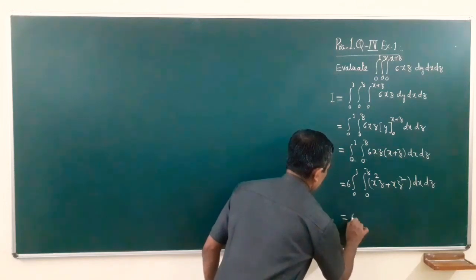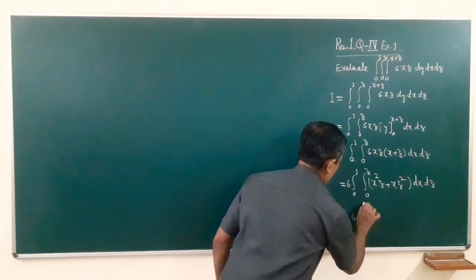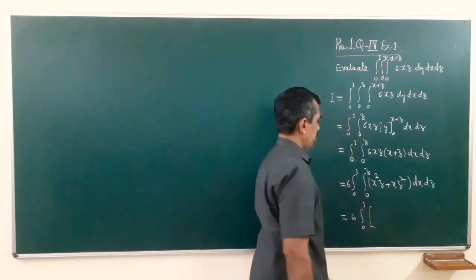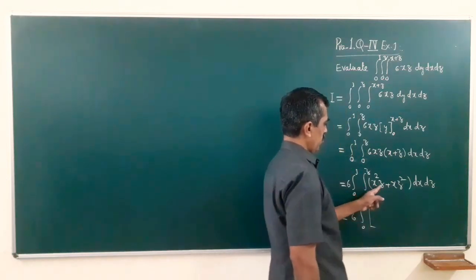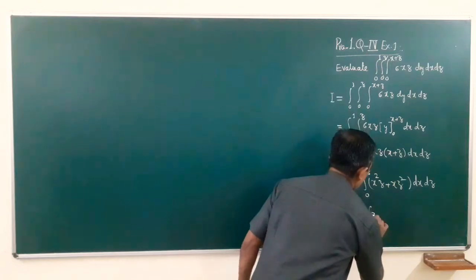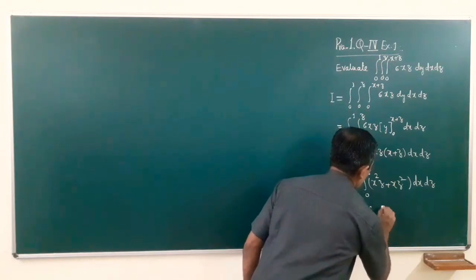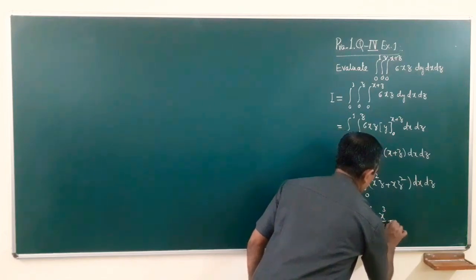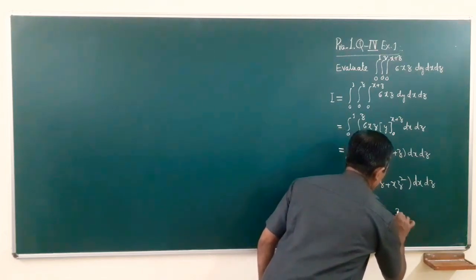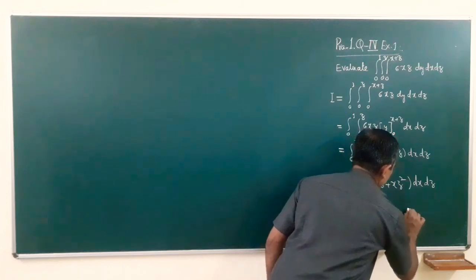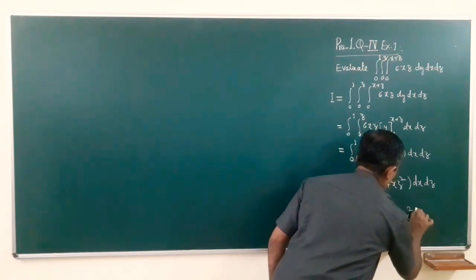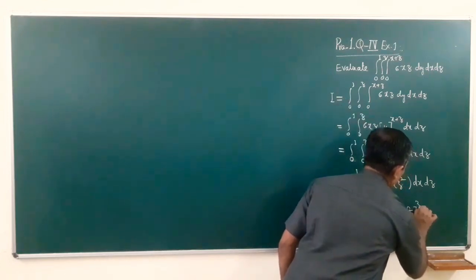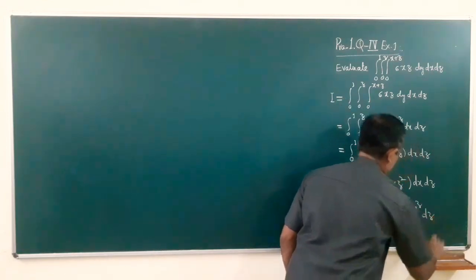This is equal to 6 into the integral from 0 to 1. Now we take the integral with respect to x. z is constant, so this is z into x cube by 3 plus z square into the integral of x, which is x square by 2, and limits are over 0 to z, dz.